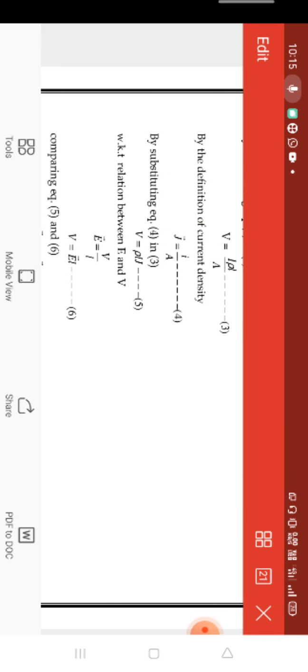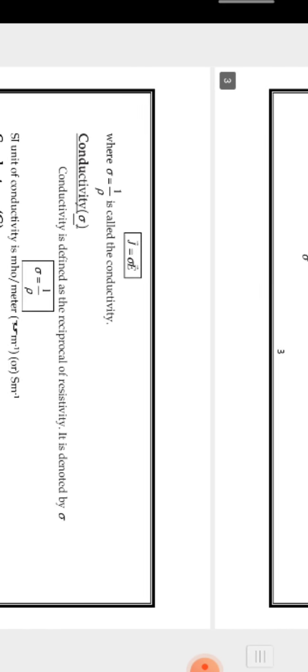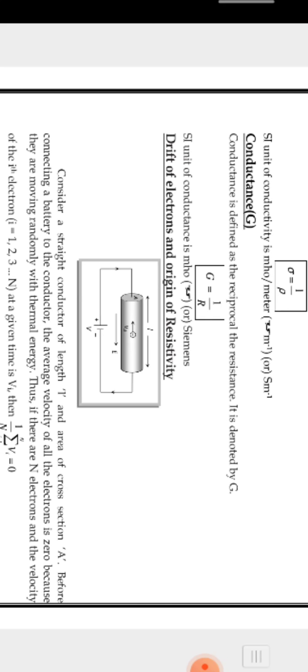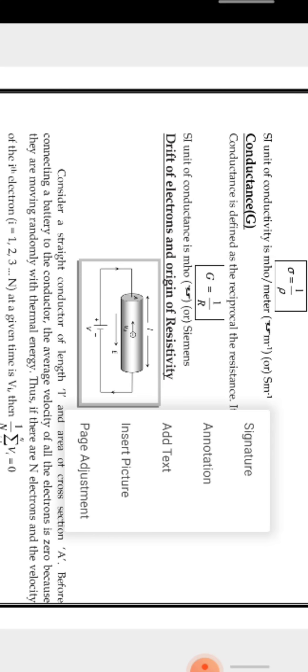There is a small confusion here: ohm meter is there, so the reverse is mho per meter, which is the unit for conductivity. Whatever I have given is correct itself. The ohm symbol has to be inverted. Other than this, conductivity has one other unit, that is siemens. Siemens is the unit for conductivity.